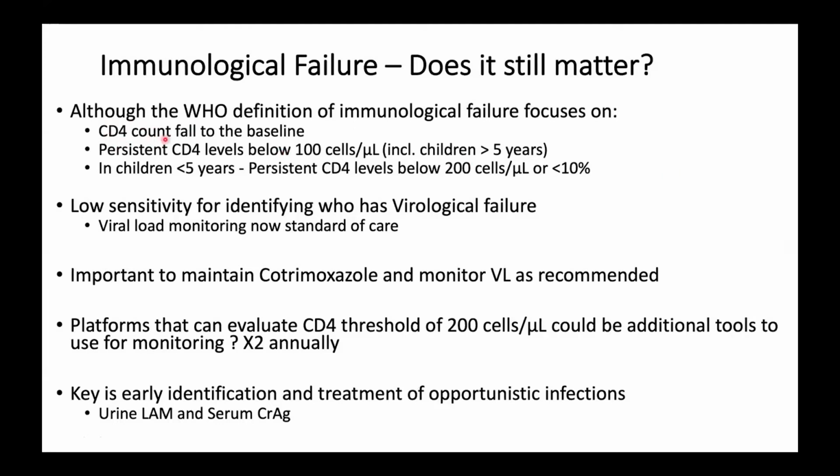A CD4 count fall to or below baseline, persistent CD4 levels below 100, and among children below 5, persistent CD4 levels below 200 was the classical definition of immunological failure. However, what has been observed is that this definition has low sensitivity for identifying those who have virological failure. That's one of the major reasons why we currently use viral load monitoring as the standard of care.